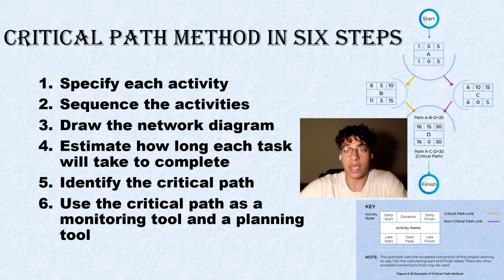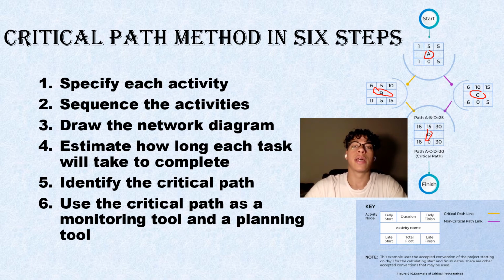So for example, here we see A, C, D, and B, but they're not specified really just because this is a simple example. But if you were the architect designing the critical path diagram, then you would have some kind of information that would help you understand what the task or activity is.